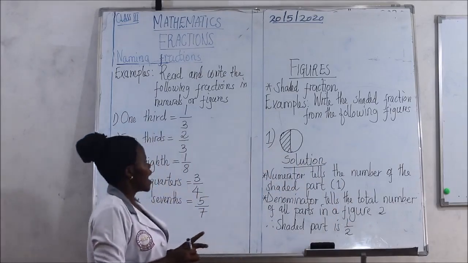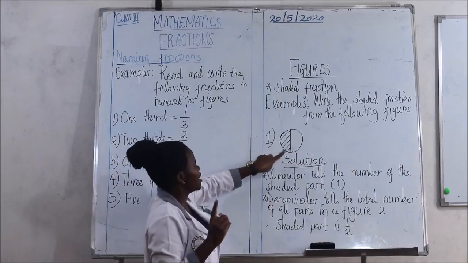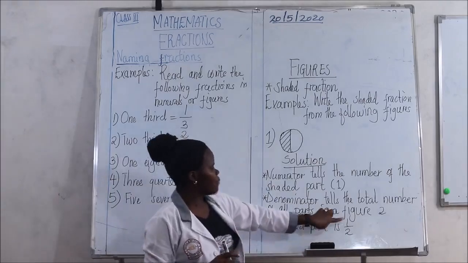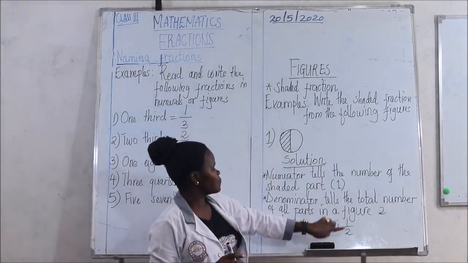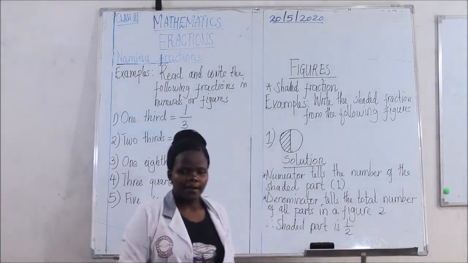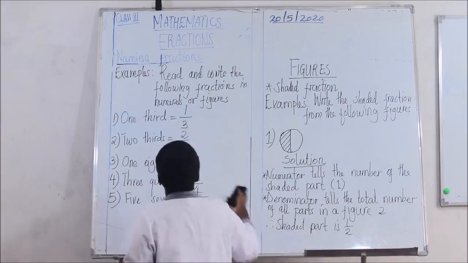The shaded part is 1 out of 2. We have 2 parts, but only 1 part is shaded. That's why we have got 1 over 2. So keep in mind that number 1 is standing as the numerator, and number 2 is standing as the denominator. Then from there, let us have the second example.